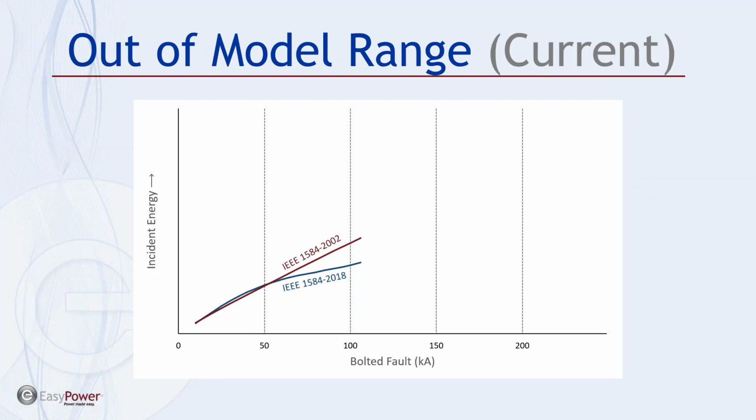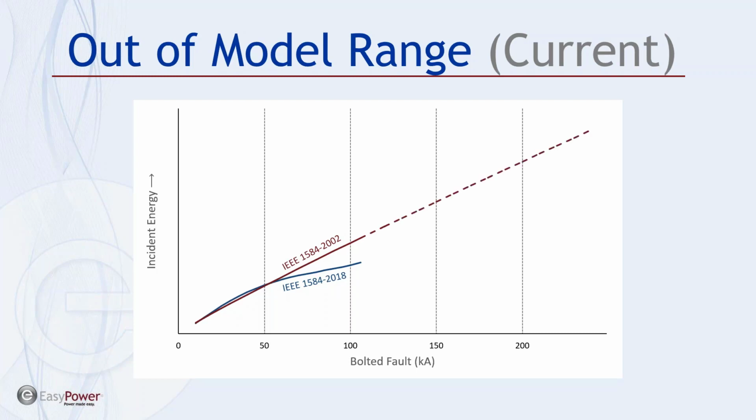Where this comes from is a little bit based upon the accuracy of the model. So if we look at the incident energy over a bolted fault current, in this case to 106,000 amps, we can see the 2002 model was a little bit more conservative, and then the 2018 version seems less conservative and hopefully more accurate based upon just the bolted fault current at that upper range.